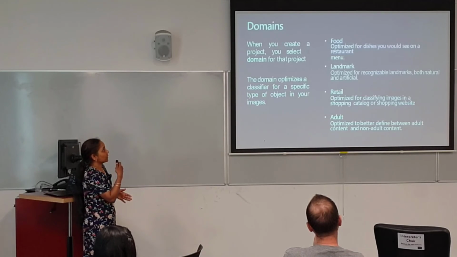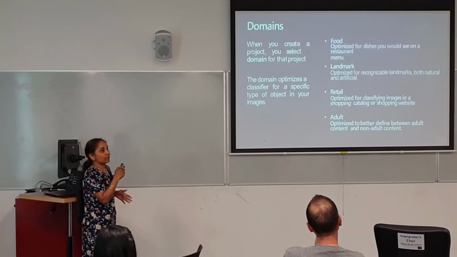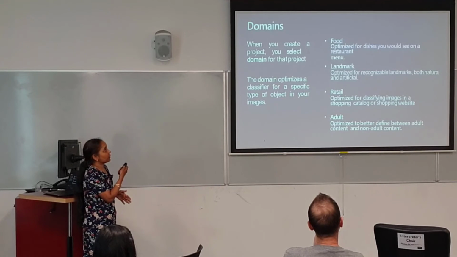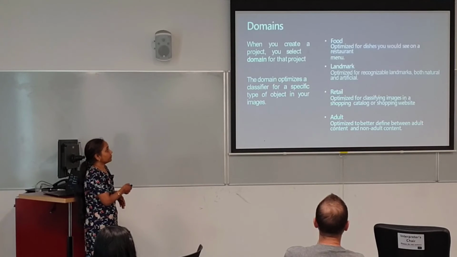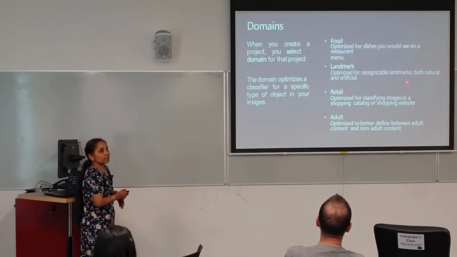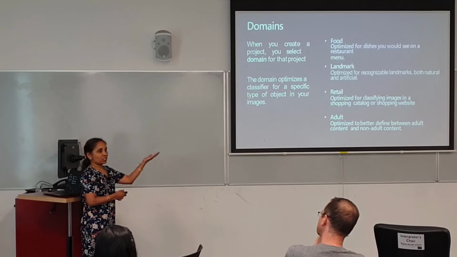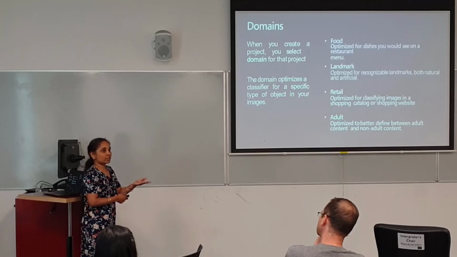There are also some domains provided by Microsoft, such as food, landmark, and retail. Retail is for when you have, let's say, a shopping website with clothing apparel which you want to classify as shirts, tops, dresses, shoes.